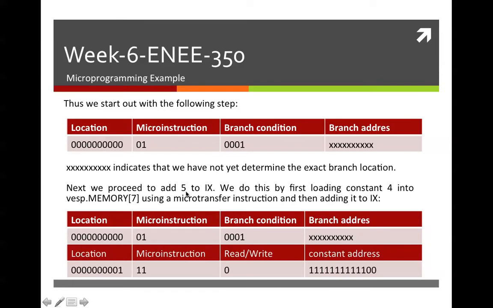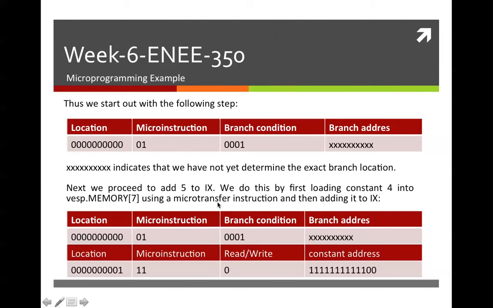So as I mentioned in class, in order to generate these constants like 5, we're going to have to use powers of 2 that are stored in the last 10 locations or so of VESP's microstore.